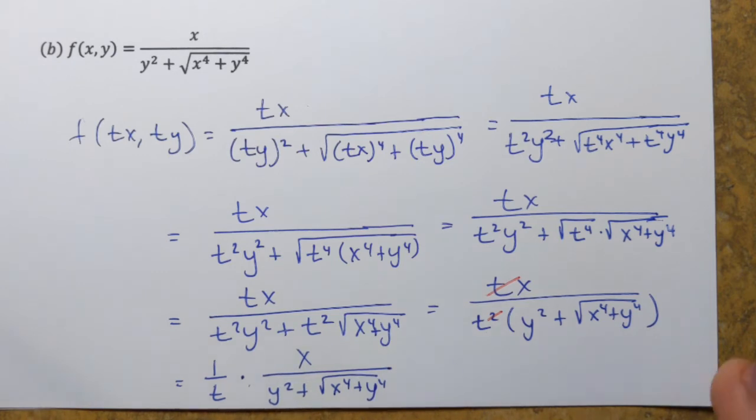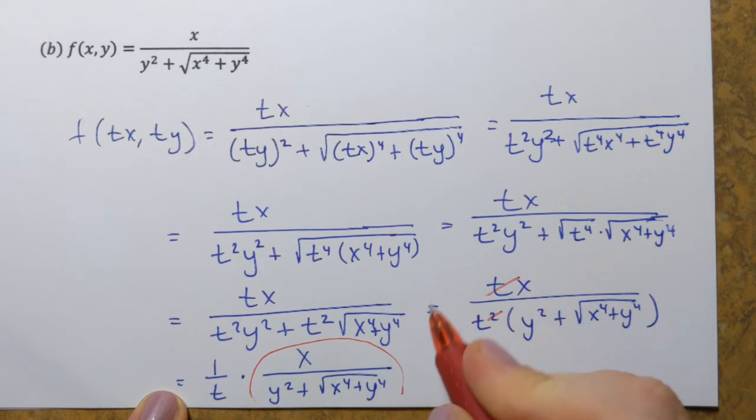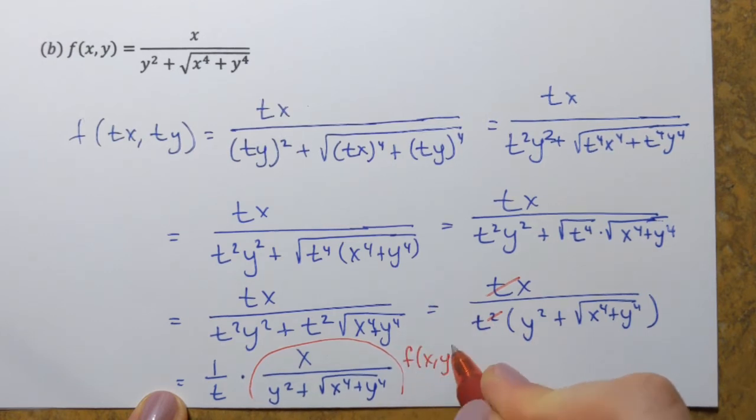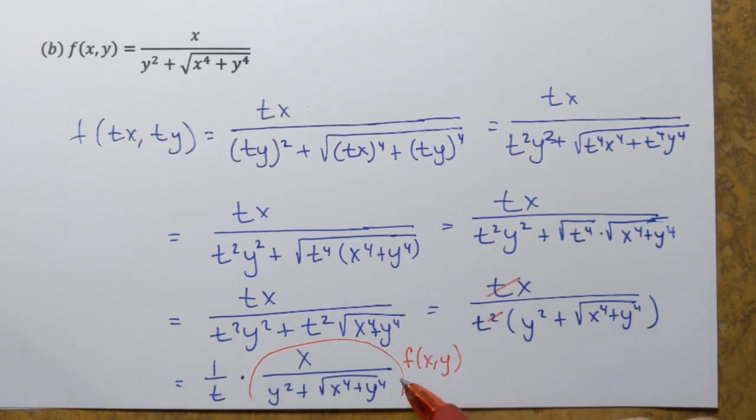Because that will help me to see that what I obtained is 1 over t, and we're going to talk about that in a second, times, well, that is exactly the original function, right? So all that is f of x y. So it seems like we were able to show homogeneity of the given function.